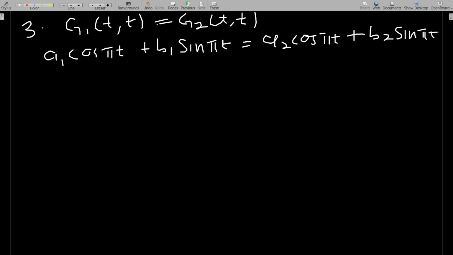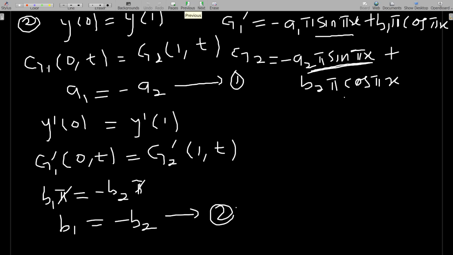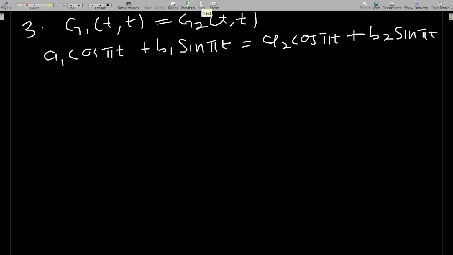But we know a1 and b1, I hope you remember, from this equation. A1 is equal to minus a2 from equation 1 here, and b1 is minus b2, okay. So I'll go ahead and put them there.